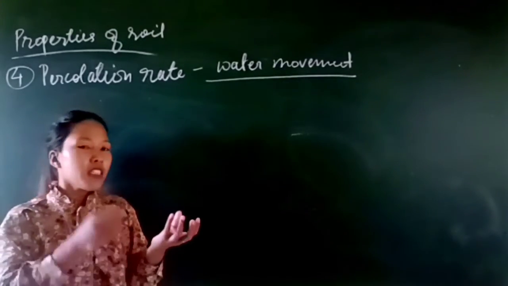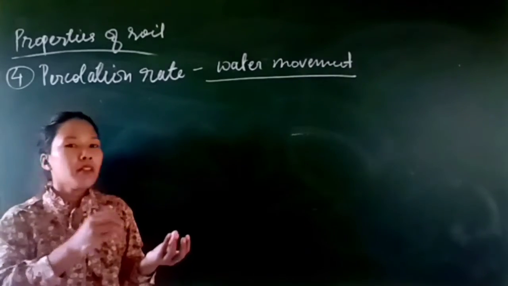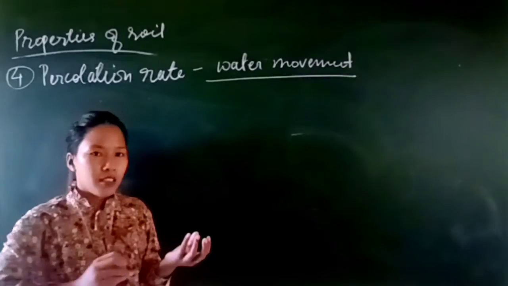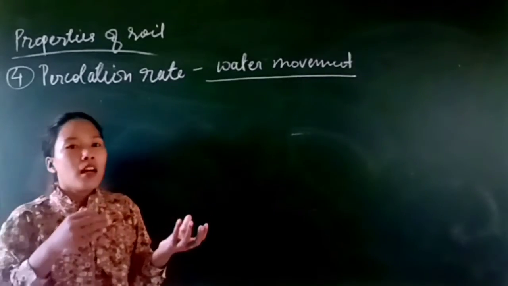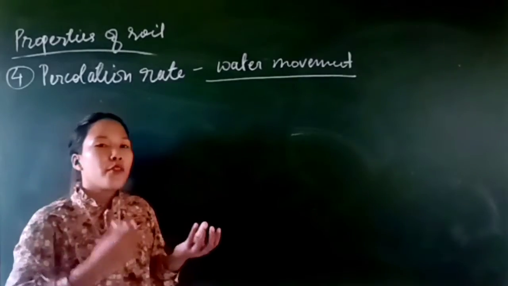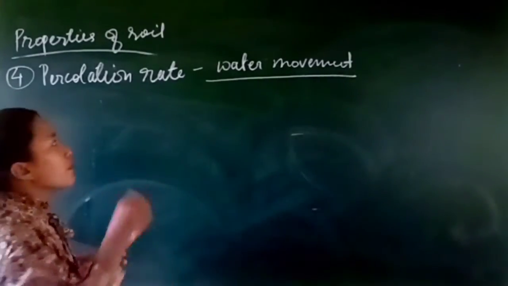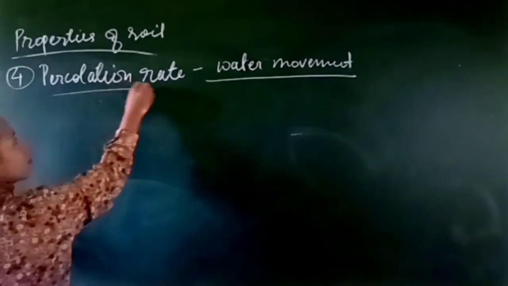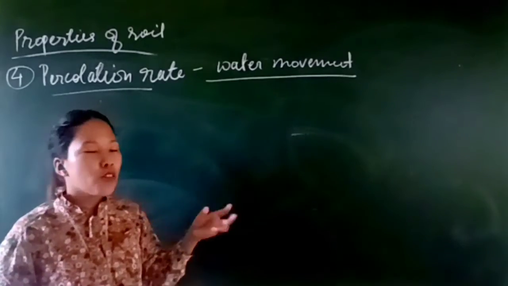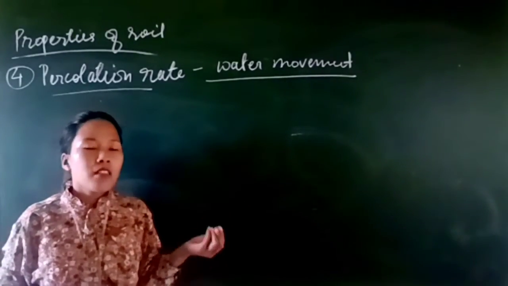So water can pass through very fast, or percolate through it very rapidly. Percolation means movement of water. The percolation rate means the rate at which the water moves through a soil. Different types of soil have different percolation rates.